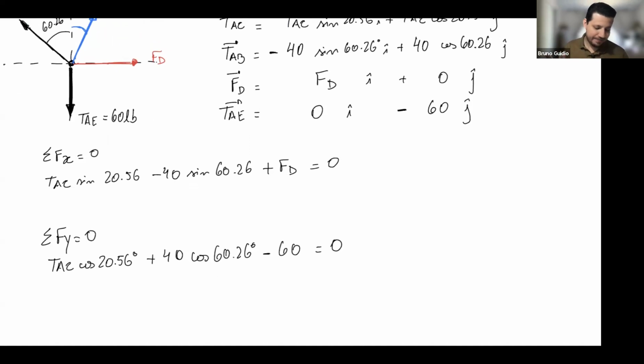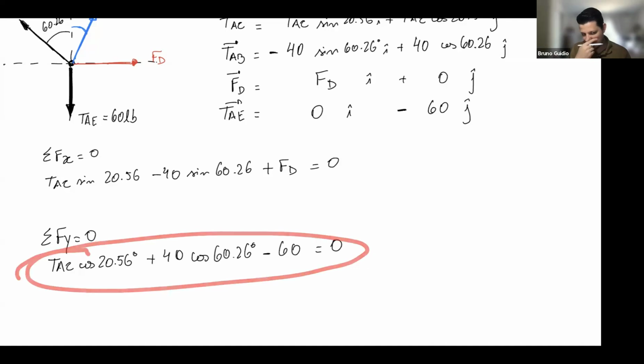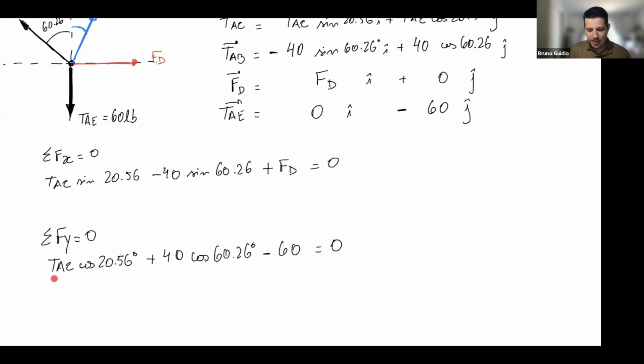Particularly in this one, take a look at the y equation. We have TAC as the only unknown, because this is known and this is known. So we can solve it really fast.